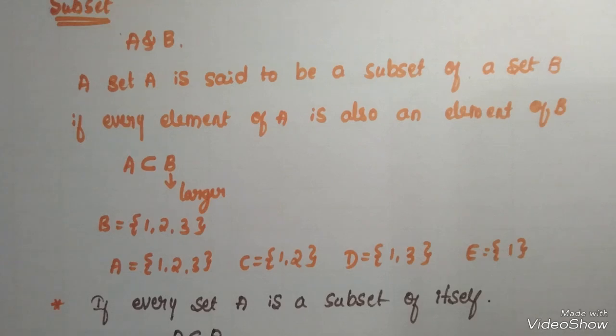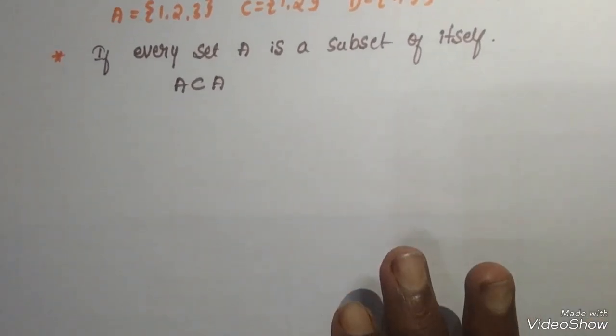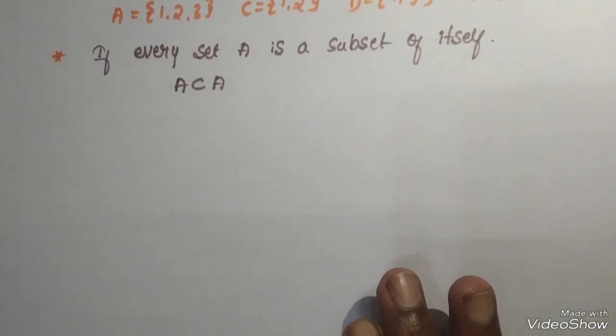Therefore we say every set is a subset of itself. Next we discuss the examples.